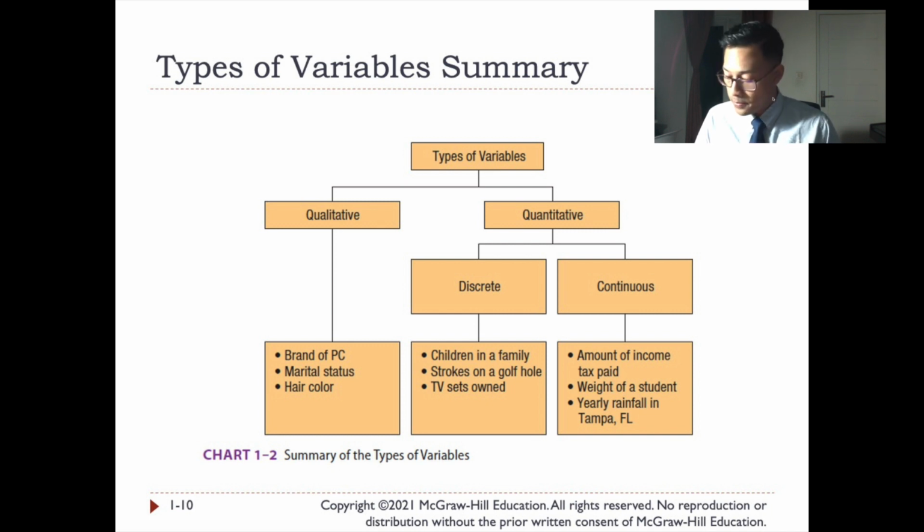And the quantitative variables include discrete variables and continuous variables. Discrete is like the number of children in the family, the number of TV sets owned or the number of cars owned. And continuous is the amount of income tax paid, the weight of the student, the yearly rainfall in Tampa, Florida, and so on and so forth.